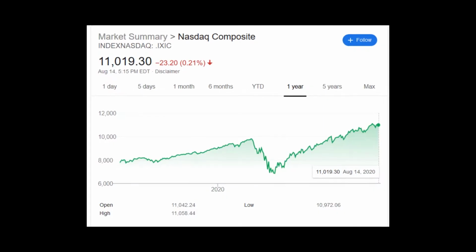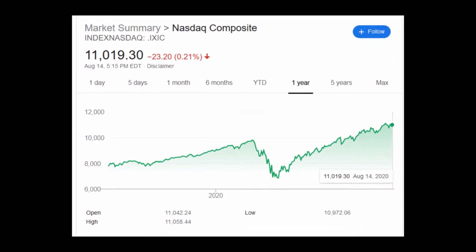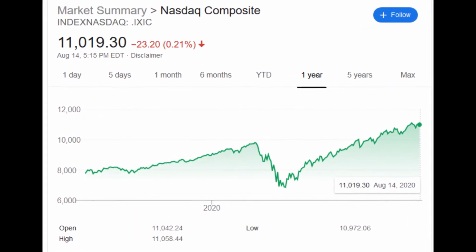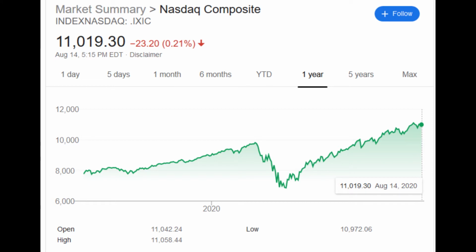So take a look at this chart. This is the NASDAQ. The NASDAQ, as you can see by this chart, hit a low March 23rd of 6,860, right? And recently, again, as of 8/14, hit an all-time high, or is in the all-time high territory, I should say, of 11,019. Now this represents an extraordinary 60% rise from the low of March 23rd.